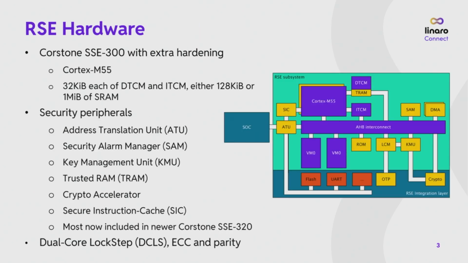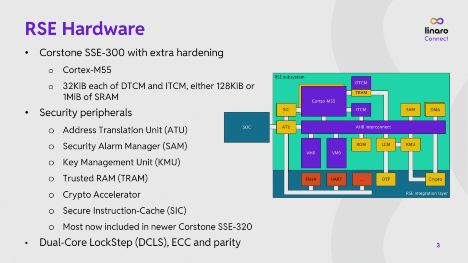Now let's look under the hood of the RSE from a hardware perspective. As I said in the beginning, it's a Cortex-M based subsystem. If you're familiar with the Corestone IoT designs that ARM publishes, this is based on the Corestone SSE-300 subsystem. It has a Cortex-M55 as the CPU.